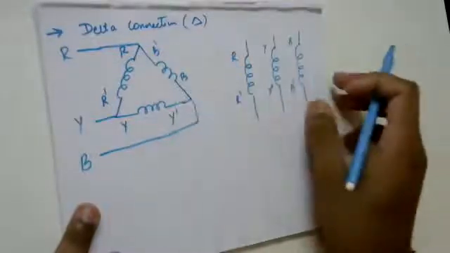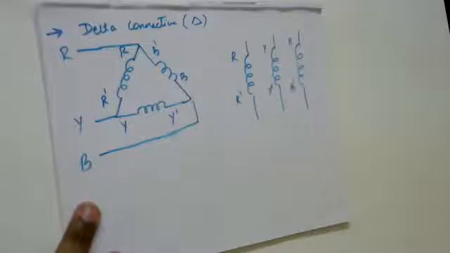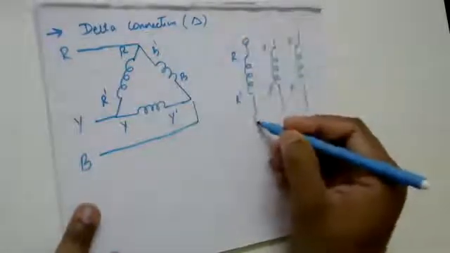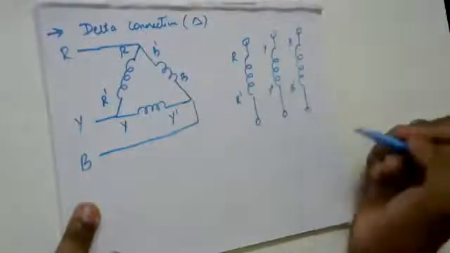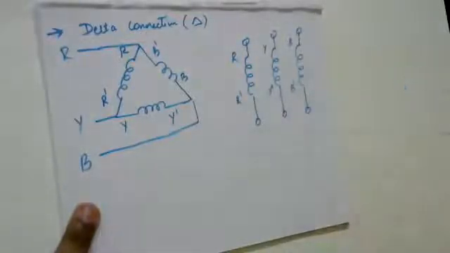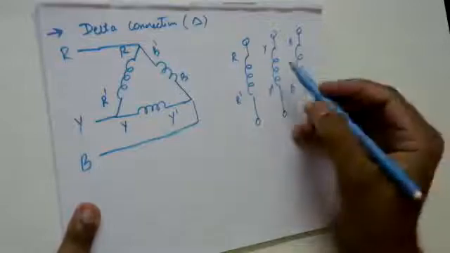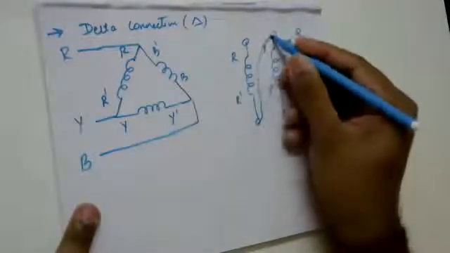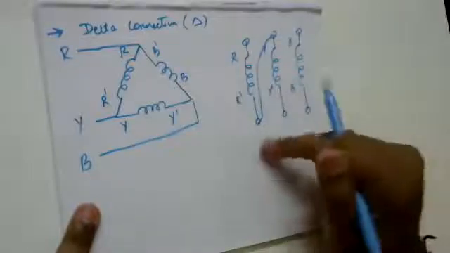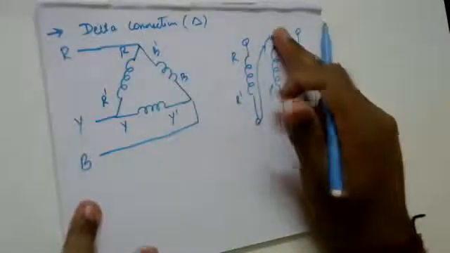So how are we going to interconnect this now? Since they are available as terminals to use, these are the end terminals. Now, in order to make the interconnection, the end terminal is connected to the beginning terminal.